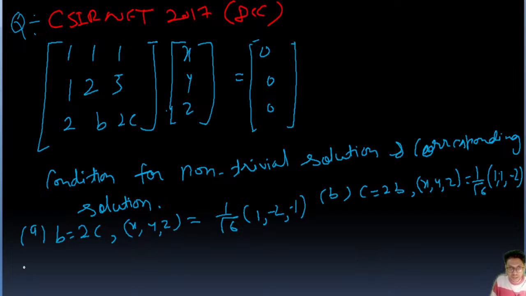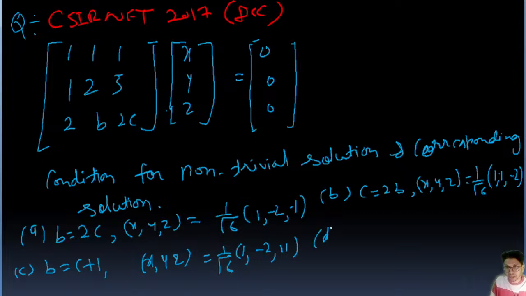And option C is B equal to C plus 1 and XYZ equal to 1 upon root 6, 1 comma minus 2 comma 1.